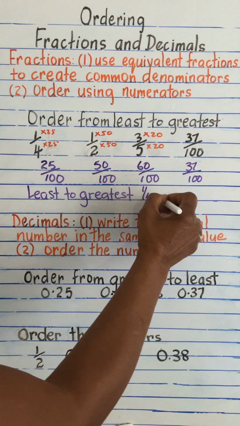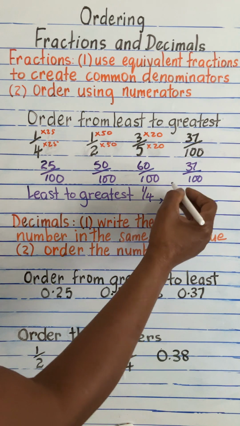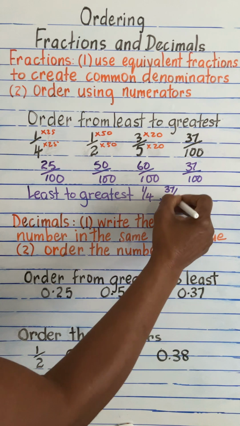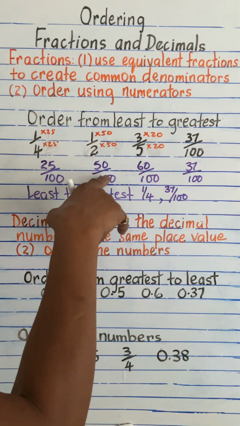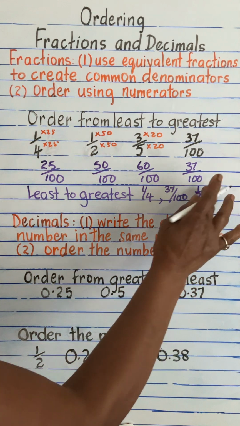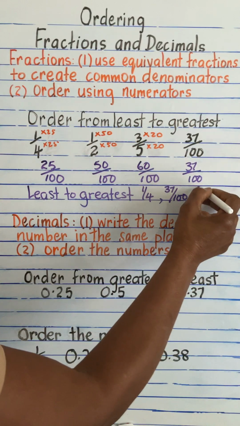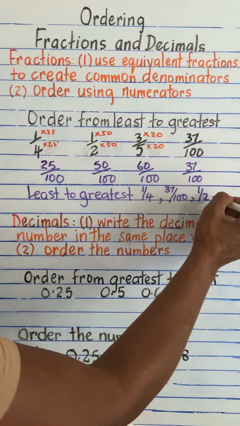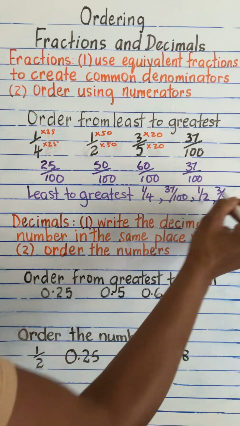And then next, 37 over 100. Next, 50 over 100, which is a half. And we have 60 over 100, which is 3/5.